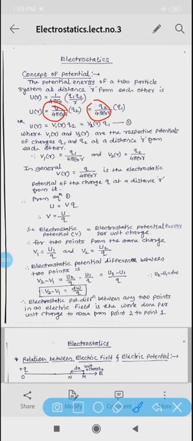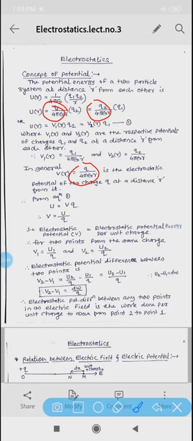If we write this equation in general form, we get V(r) equal to Q upon 4 pi epsilon 0 r, which is the electrostatic potential of the charge Q at a distance r from it. So from equation 1, capital U is equal to V into Q, or V is equal to U upon Q. What is V?